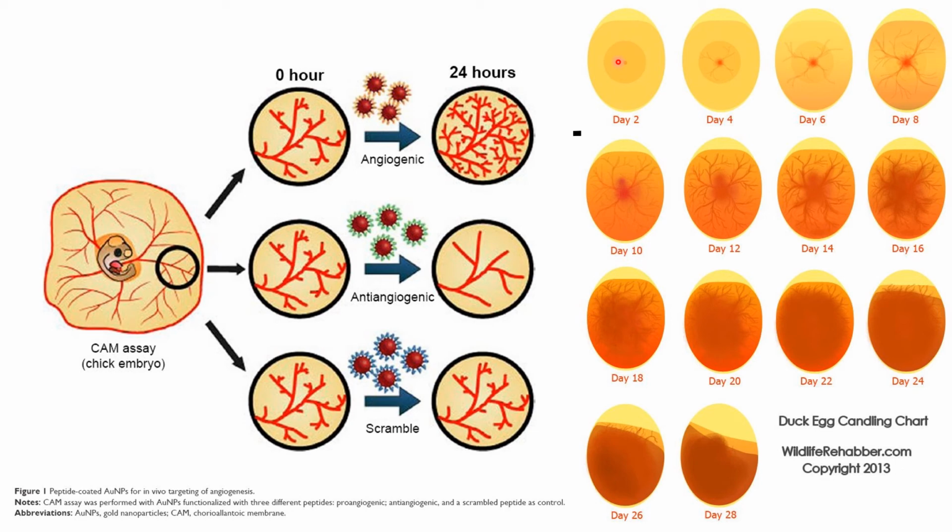Kung maglalagay man kayo ng isang substance na anti-angiogenic, you should expect that hindi magkakaroon ng ganyan karaming nerves. But if normal yung growth or normal yung process of angiogenesis, tuloy-tuloy yung pagdami nung mga nerves. And then eventually, magkakaroon ng complete embryo by day 28.